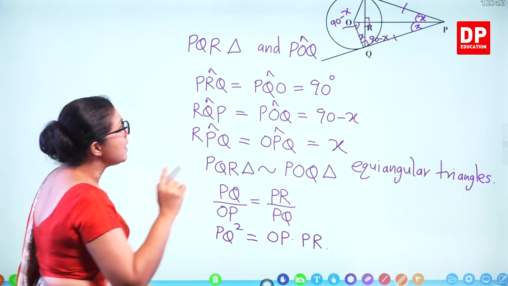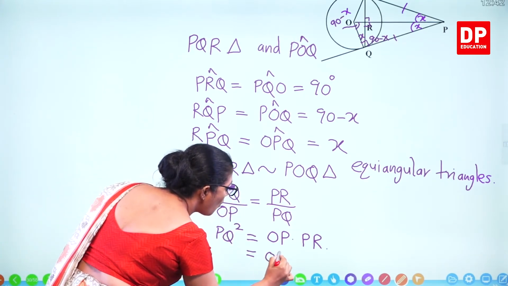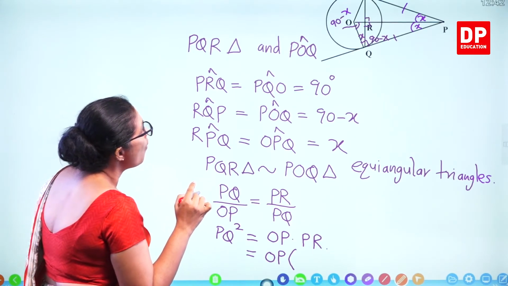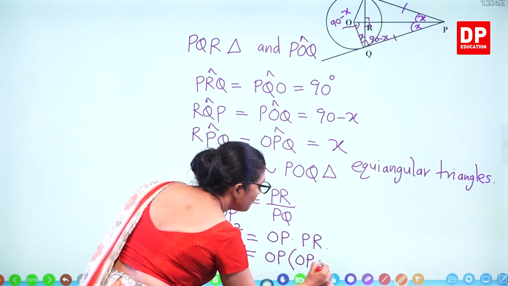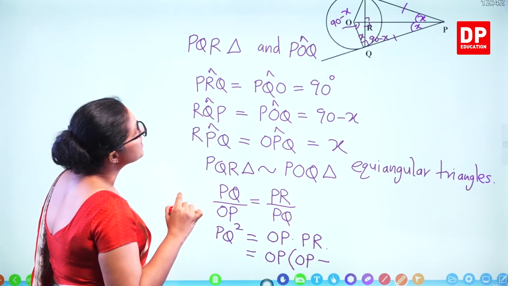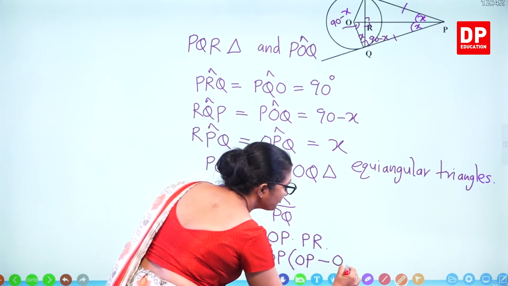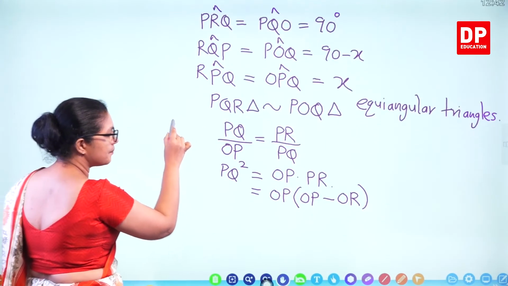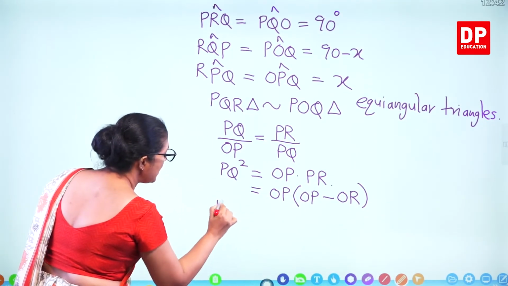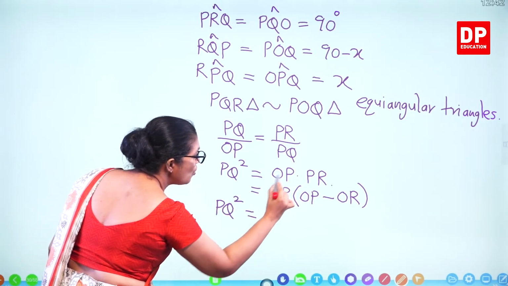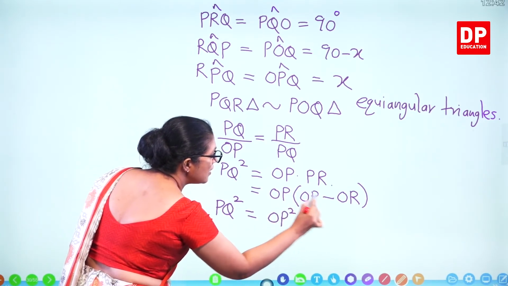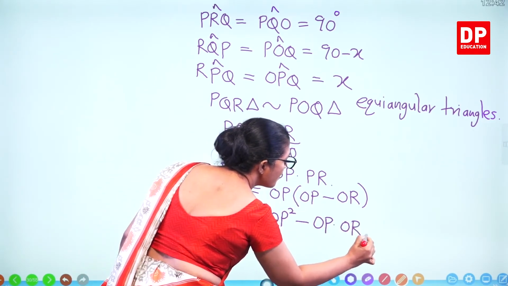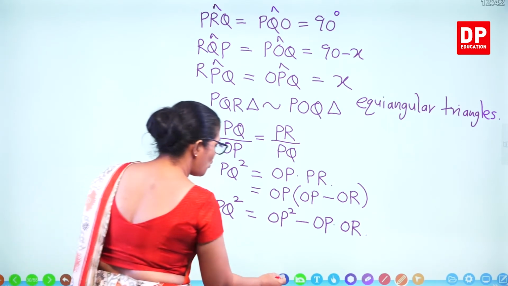So instead of PR I can write OP minus OR. Now expand brackets. You get PQ squared is equal to OP squared minus OP into OR. So that's what you need to prove.